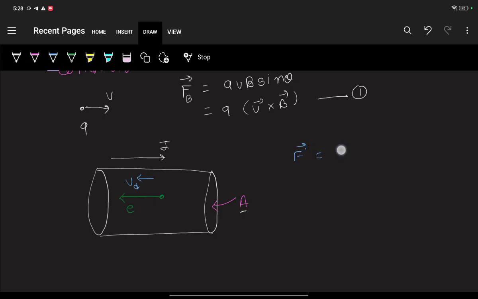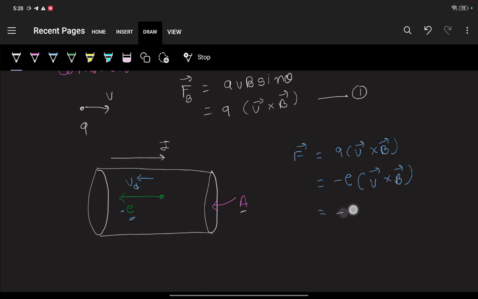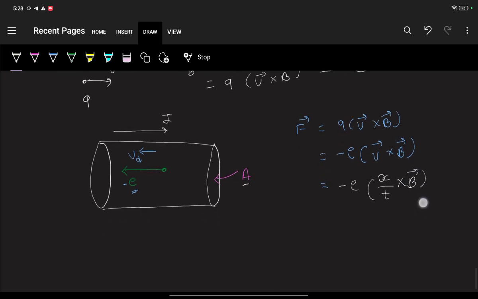According to the law, the force is given by q(v cross B). Now here the charged particles are electrons, so we can simply write minus e(v cross B). Can we write this velocity as x by t? Yes, of course, displacement upon time.